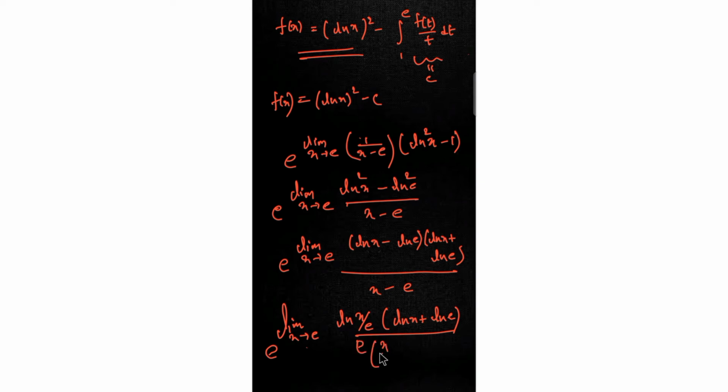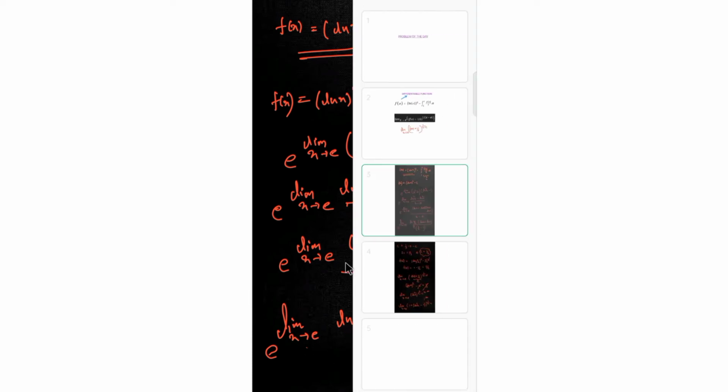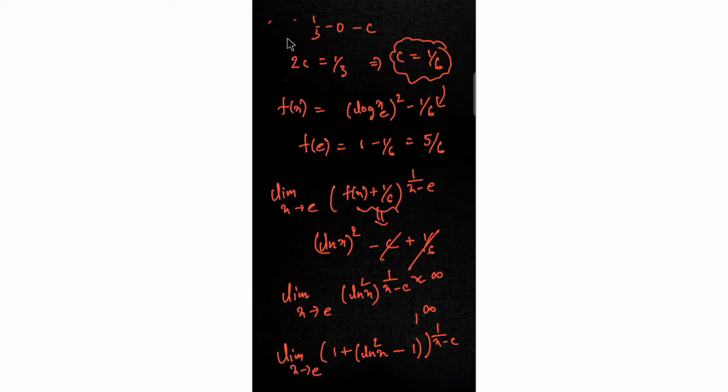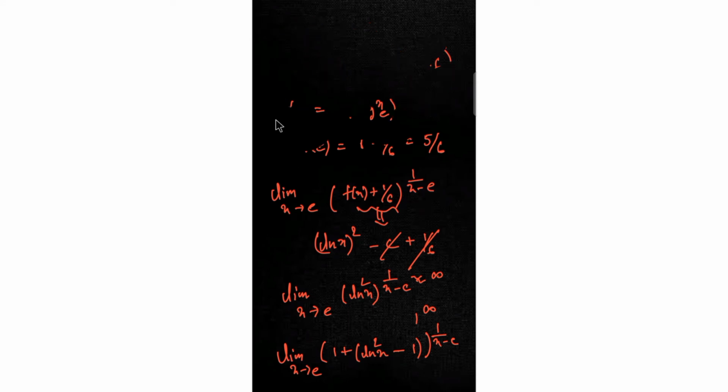If I take e common, I get e times (x/e − 1), so that's the reason. So e I can shift to the numerator. I'll write it on the next page, just a while, I'll erase all this.